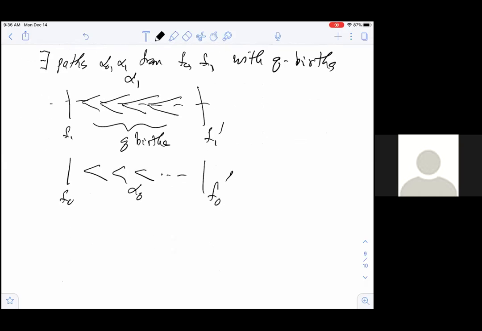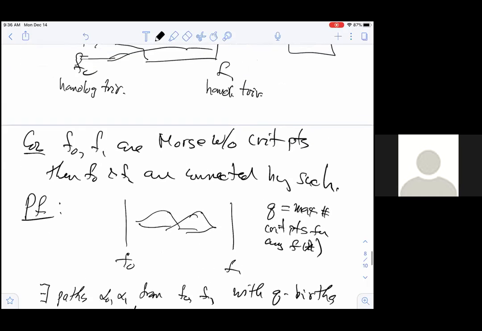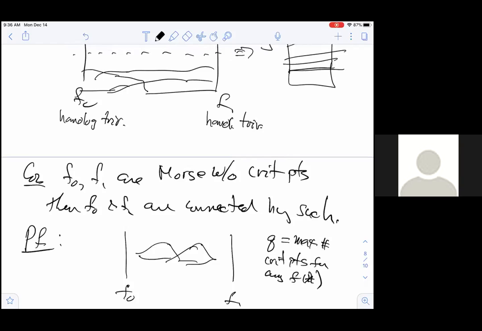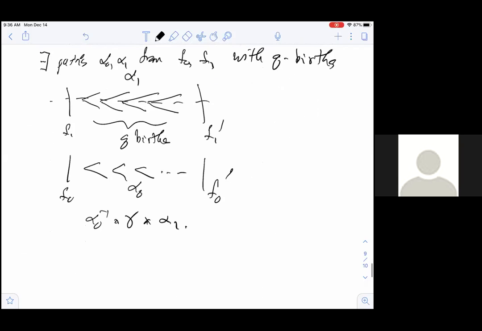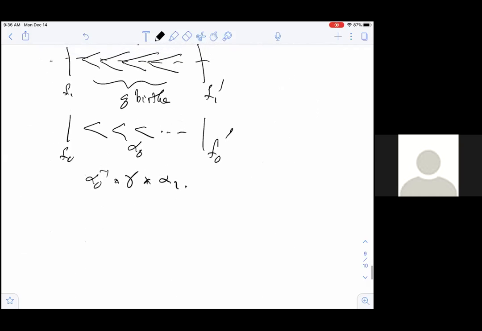That's alpha naught. So now consider the path alpha naught inverse followed by gamma, the path from f naught to f1, followed by alpha 1. So I've done something sort of silly.